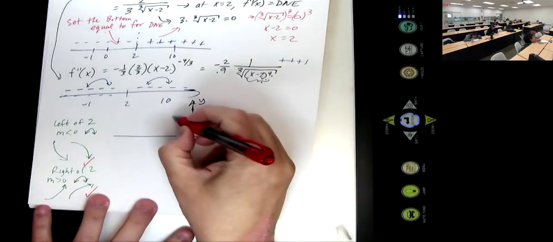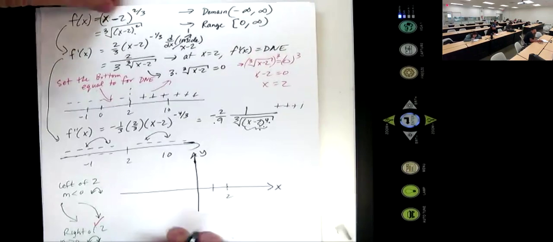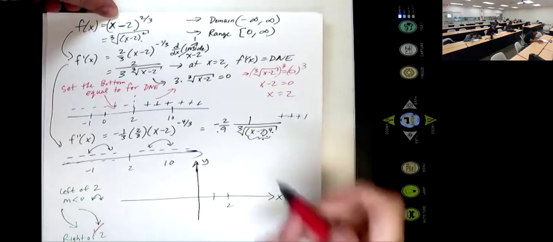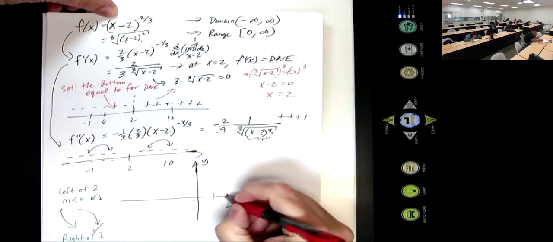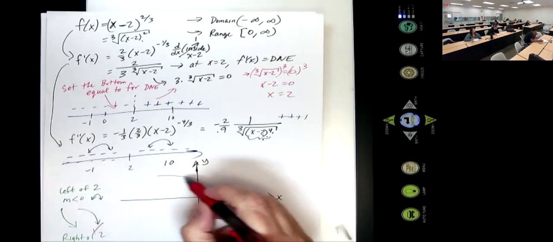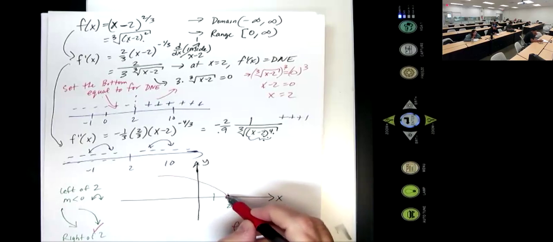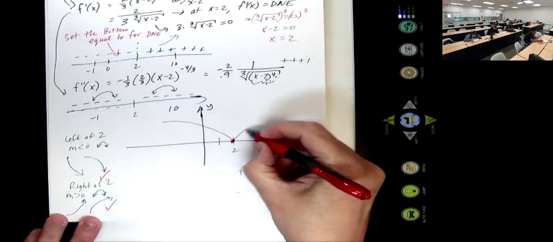So going into, we know at 2 it equals 0, because the equation, if I stick in 2 up here, f of 2 equals 0. And if it's doing this to the left, it's coming in like this. And if it's doing this to the right, it's coming out like that.